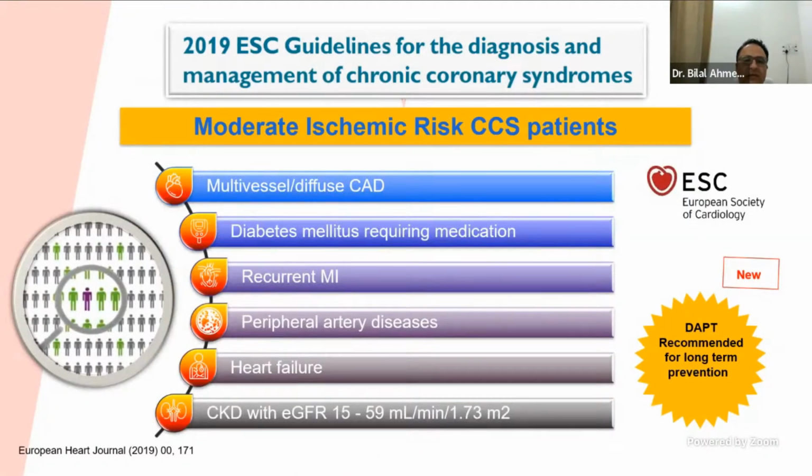These are the ESC guidelines for chronic coronary syndrome. This is a different slide where we can see patients with moderate risk, diffuse multivessel disease, diabetes, recurrent coronary events, peripheral arterial disease, recurrent heart failure, and kidney disease, and their statin dosage.